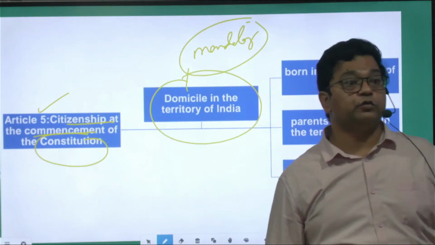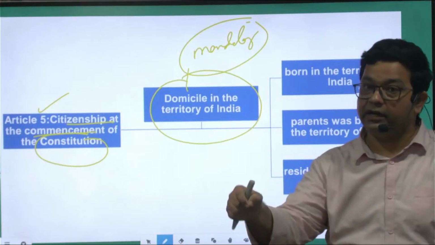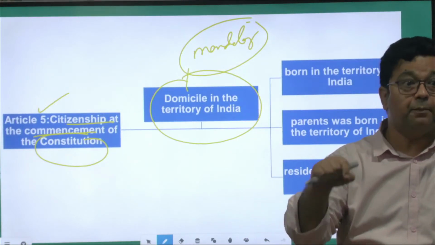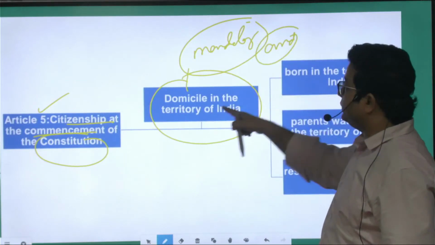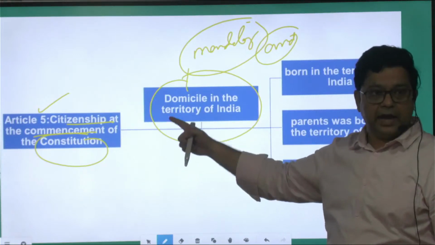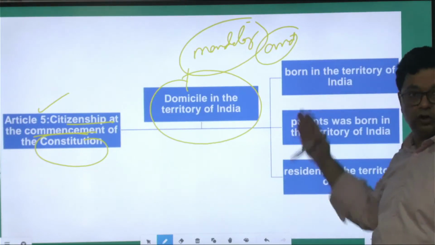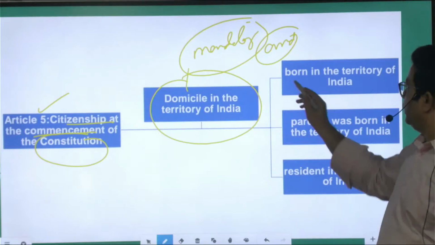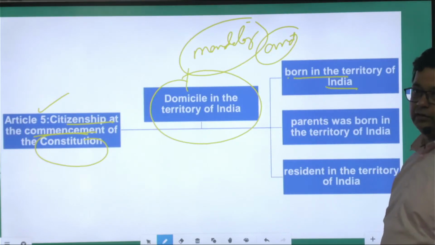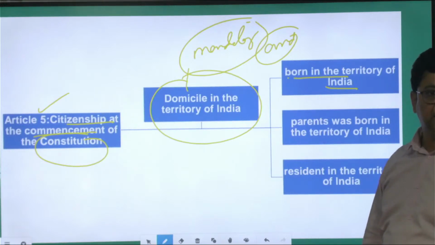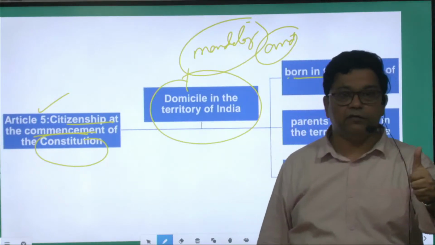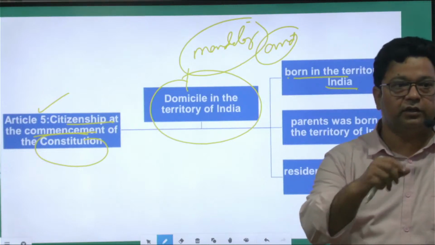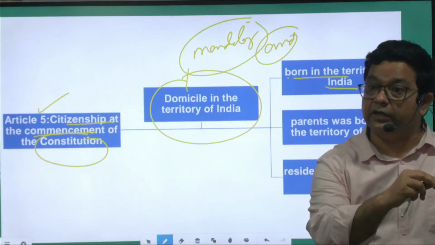So the person who is domiciled, means who is residing in the territory of India, and this 'and' means this is compulsory, plus either one of the three, not all three but any one: born in the territory of India. The person residing in the territory of India and born in the territory of India is considered a citizen at the commencement of the Constitution, irrespective of their parents' nationality.